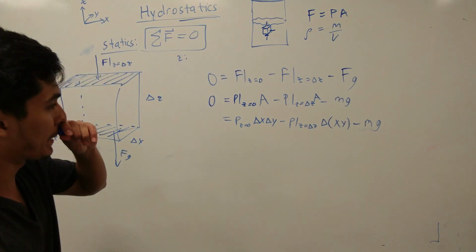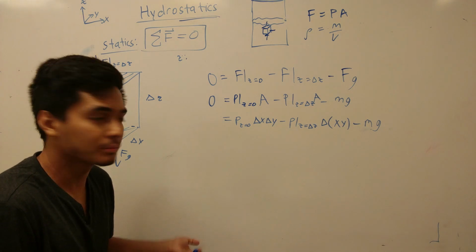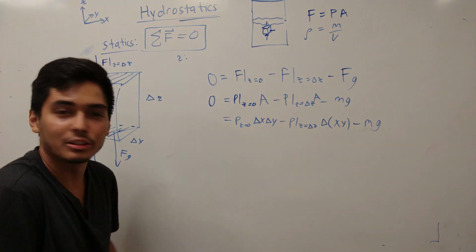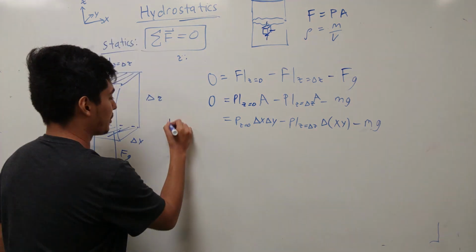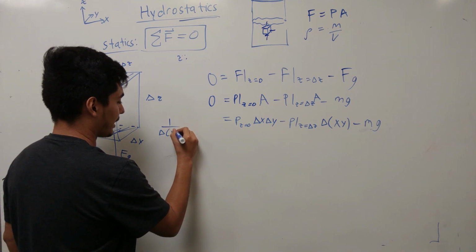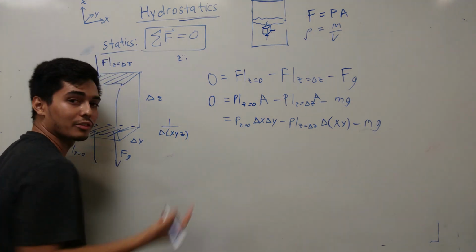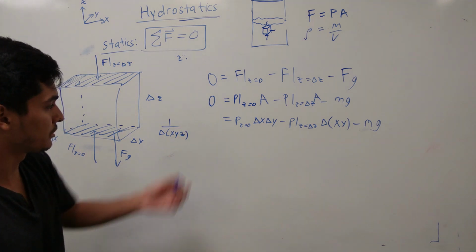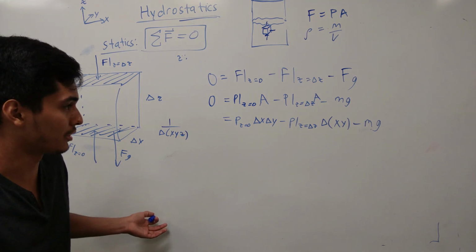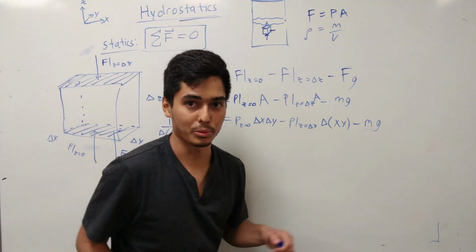So now we want to divide everything by the volume. So let's just do that. Divide everything by the volume. So I'm going to say 1 over delta x, y, z, because that is the volume. So 0 divided by anything is still going to be 0, but I have to divide this term as well. Do you see what I'm doing?